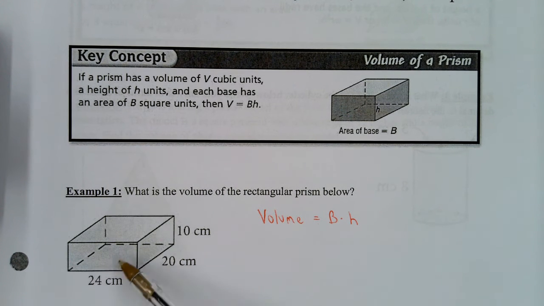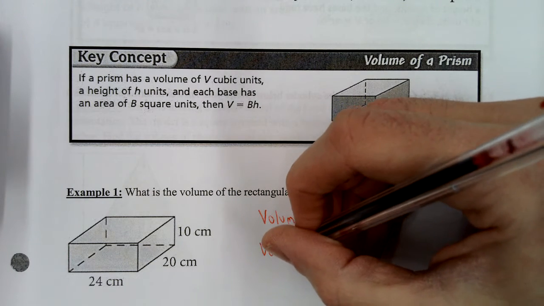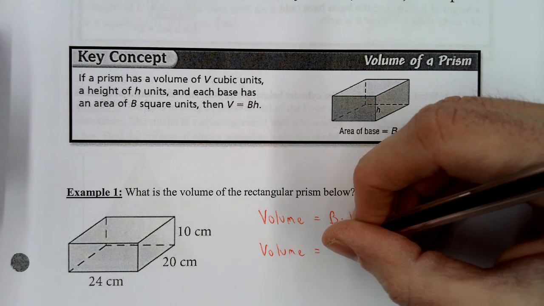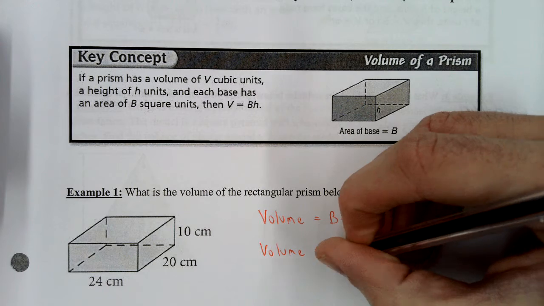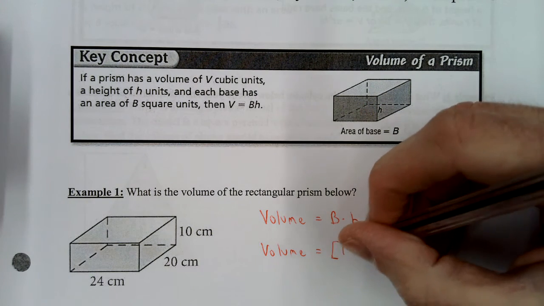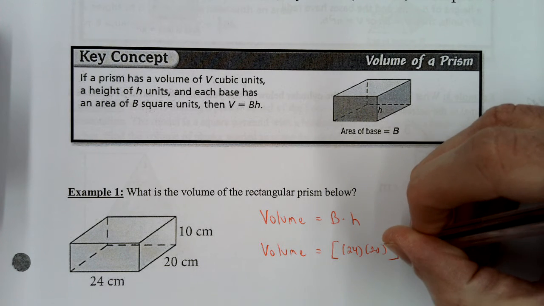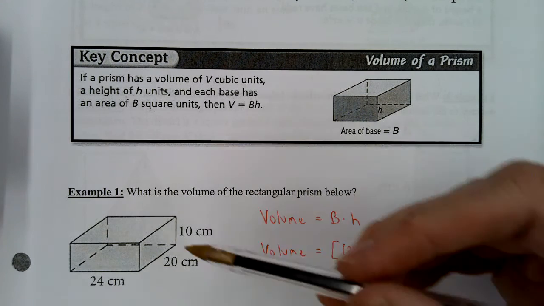In this case, the base is a rectangle, so I'm just going to do 24 times 20. Put that in a bracket so you can see it better. And then times the height of the prism, which is 10.